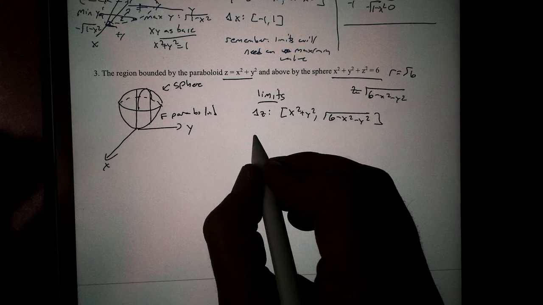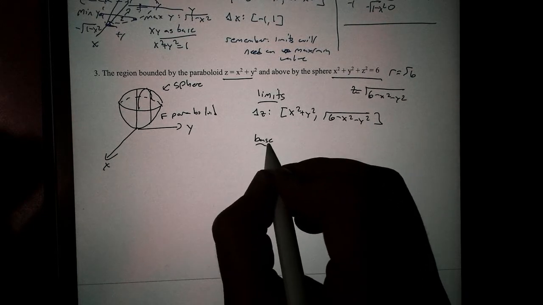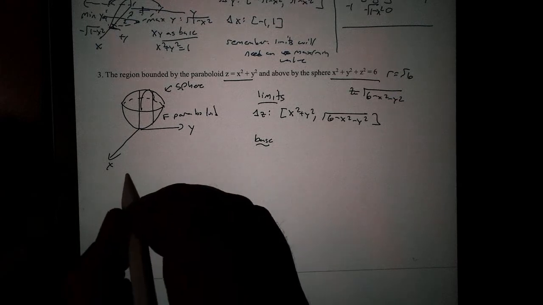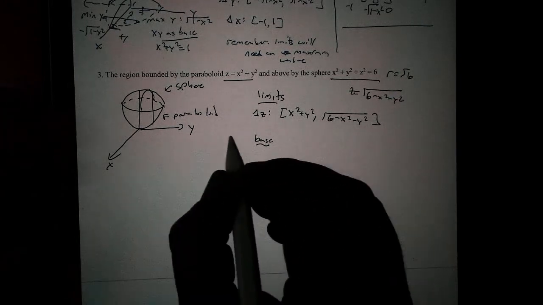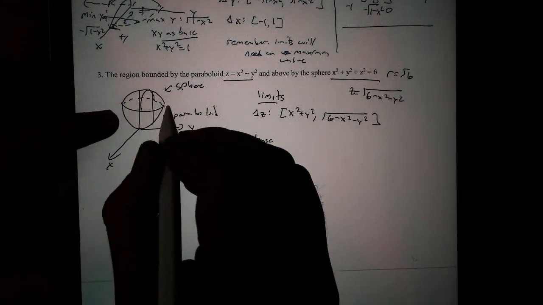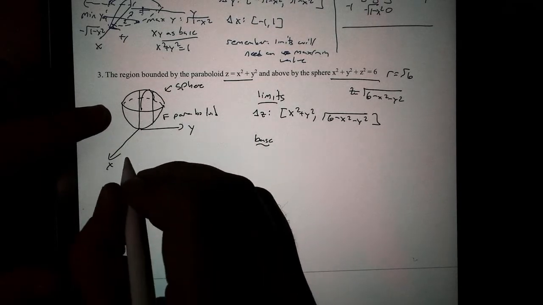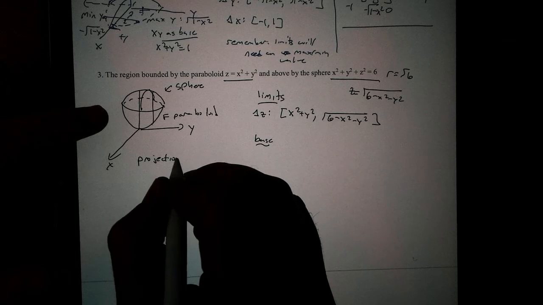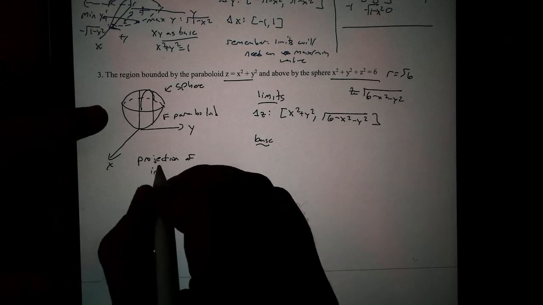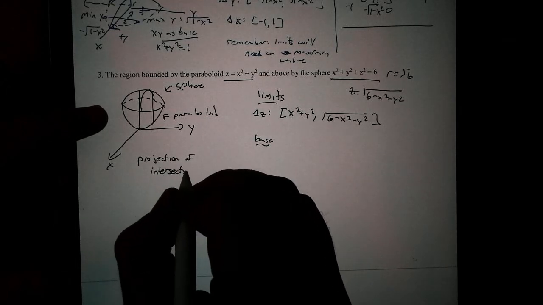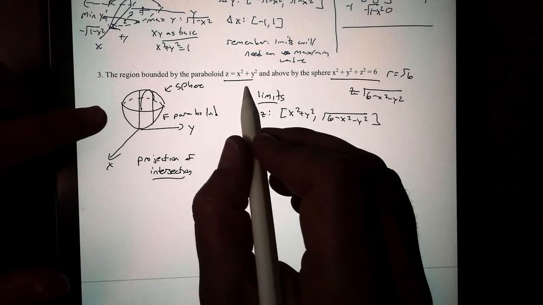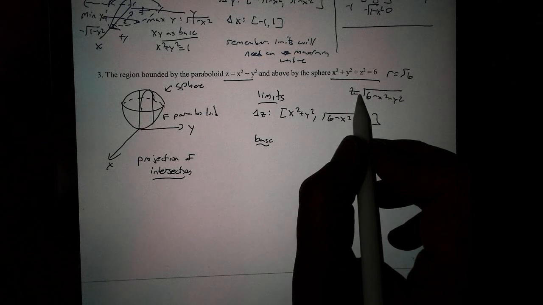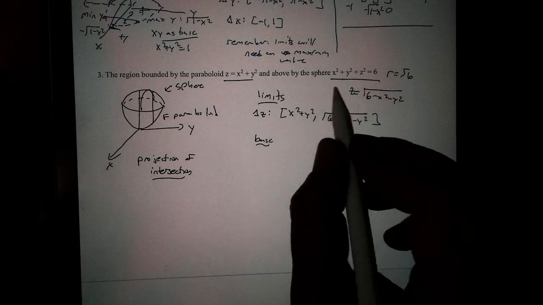Now we have to talk about the base limits. For the base, I'm going to use the xy plane, and I have to look at the projection of the intersection. We can get that pretty easily. Since they're both equal to z, I can just solve this, but there's another way.